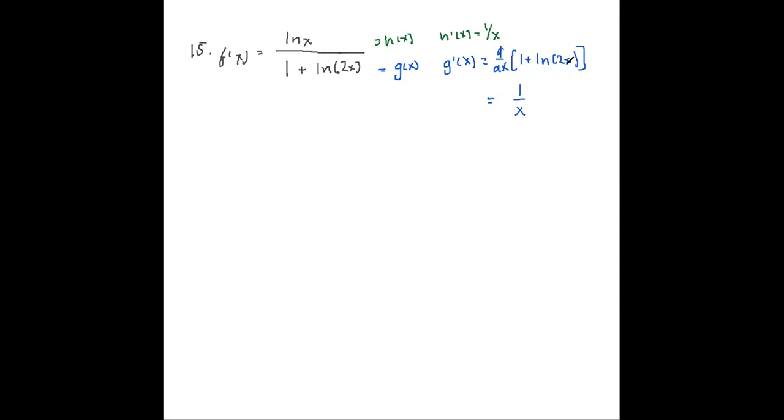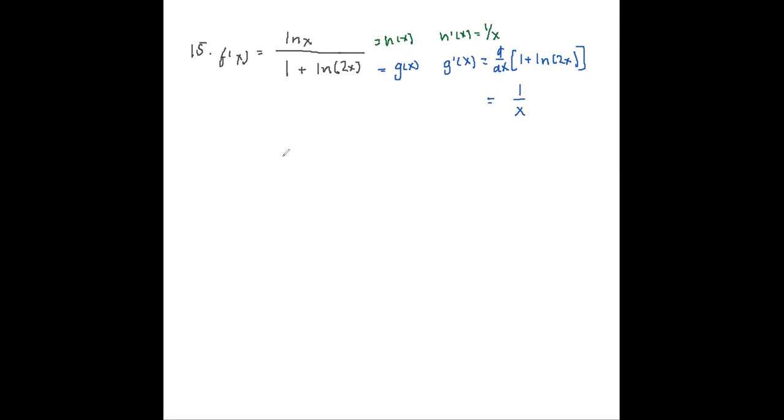I always forget which one is subtracted on top. Anyone remember? Is it f prime, or in this case, h prime g minus g prime h? Or is it one of my fatal flaws?